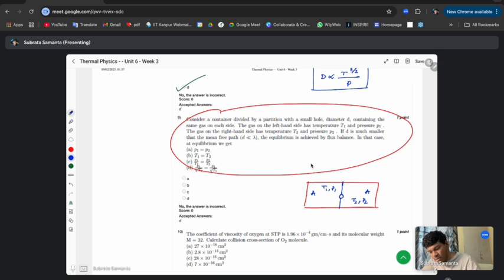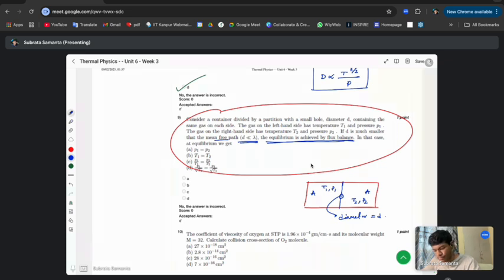The hole diameter is D. If D is much smaller than the mean free path, the equilibrium is achieved by flux balance, which I already discussed. It's a molecular flux balance, since the mean free path is much larger than the hole.